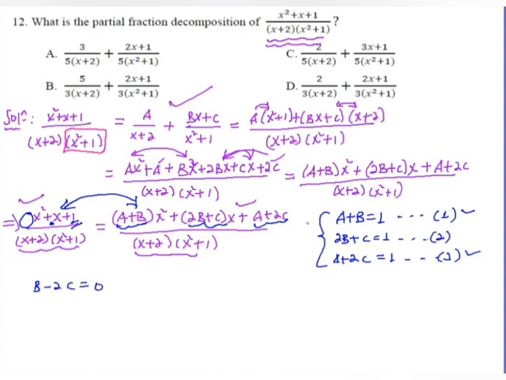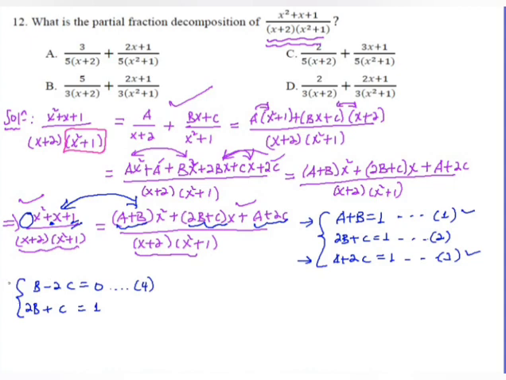Call it equation 4. Here we eliminated the variable a, so you can also take the second equation, 2b plus c is equal to 1. You see, now we have reduced the 3 variables into 2 variables.